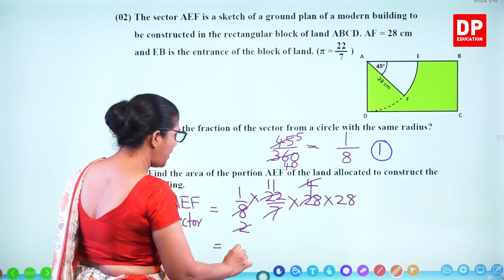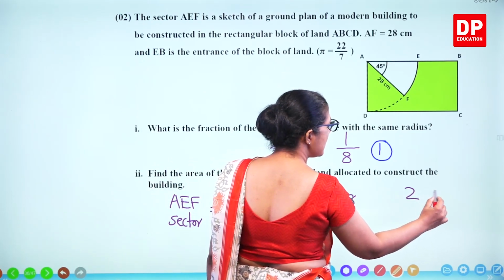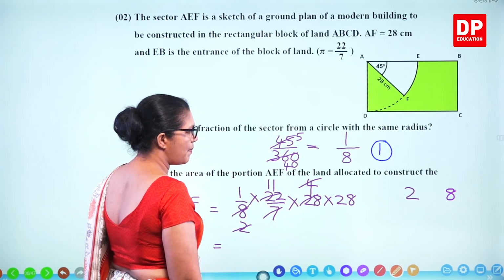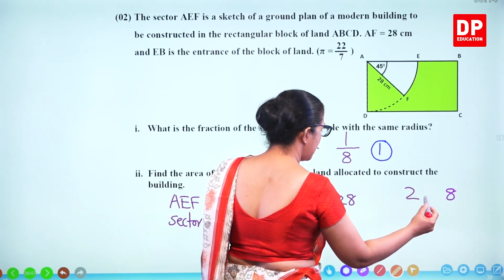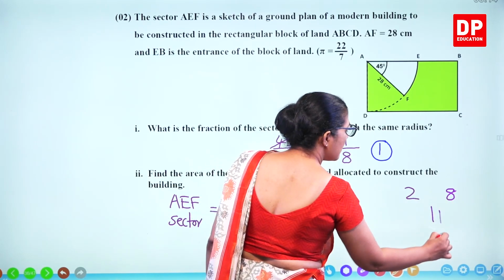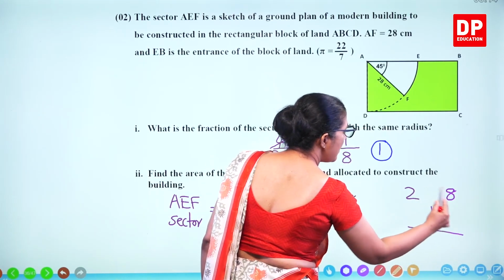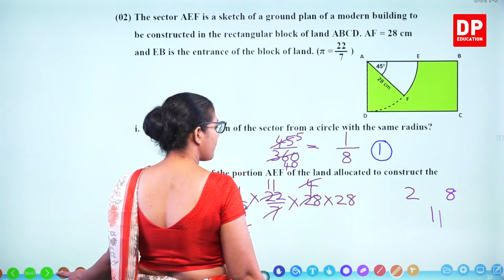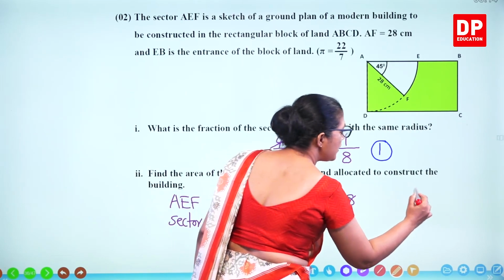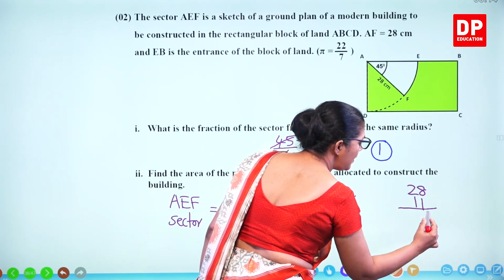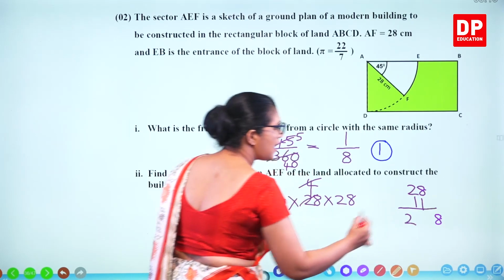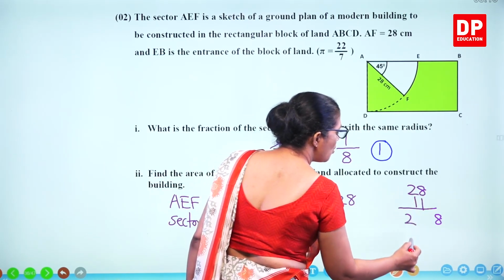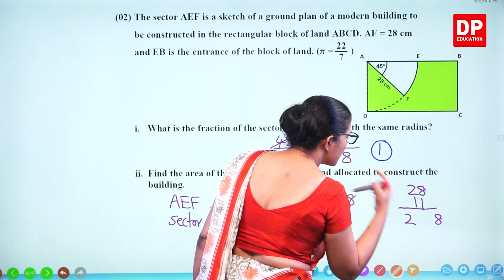Do you know the easy way? When you multiply by 11, you write the first and last digit separately, and you add 8 plus 2, 10. So you get 10.